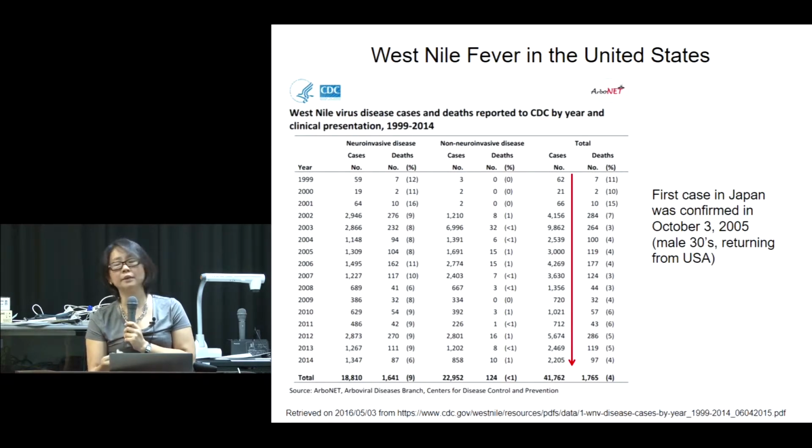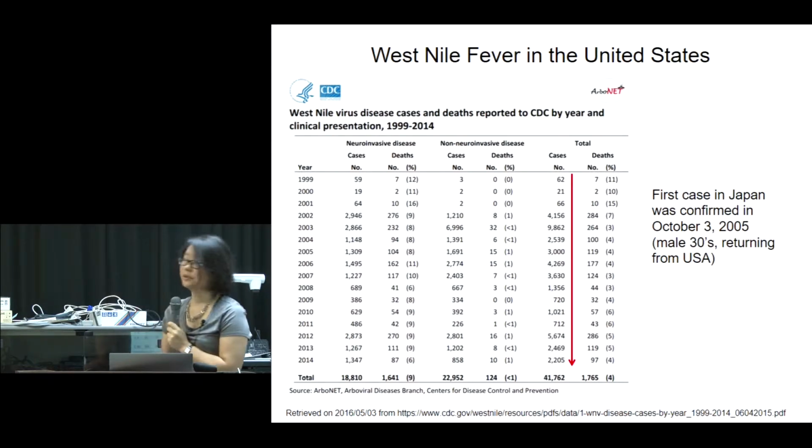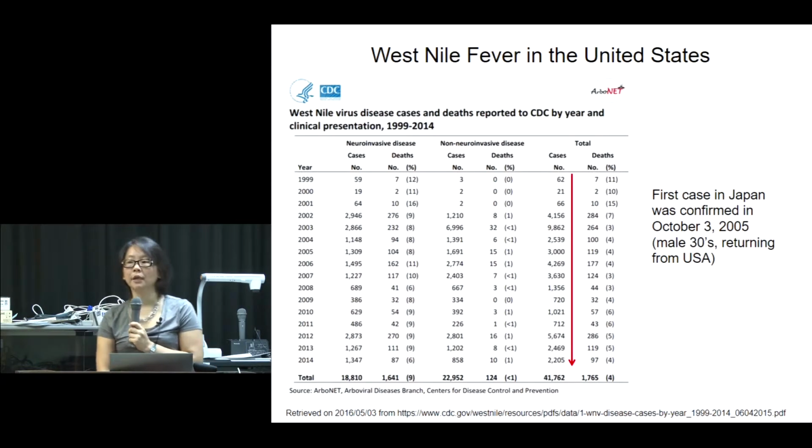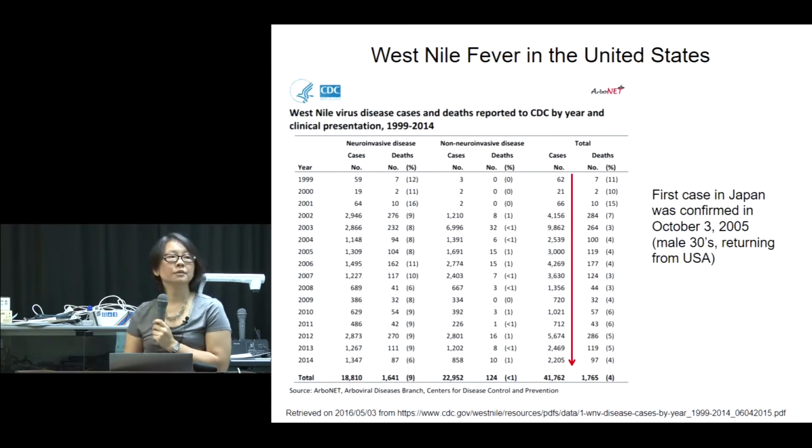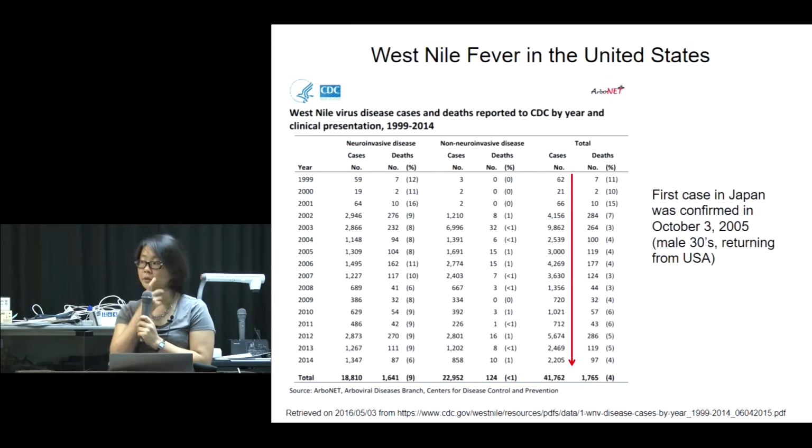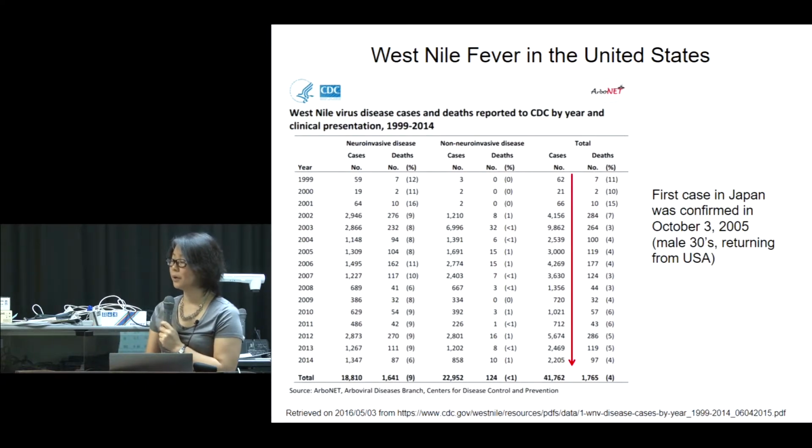In 1999, they reported 62 cases, and by the year 2014, we now have more than 2,000 cases. The first case in Japan was confirmed in October 2005. And it was a male patient in his 30s, and he was returning from the US.